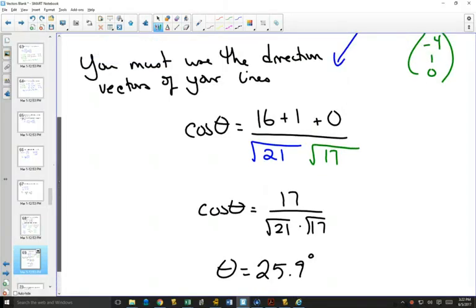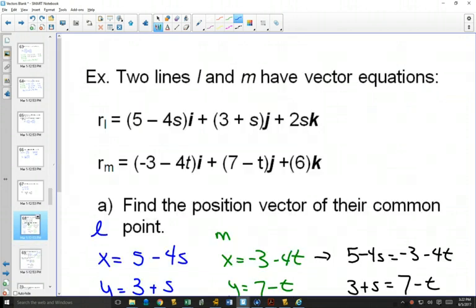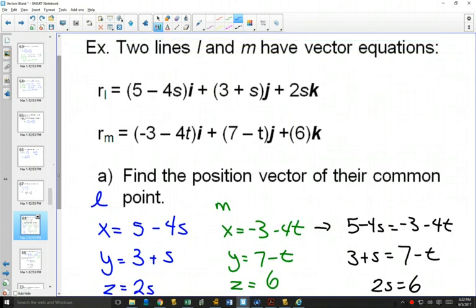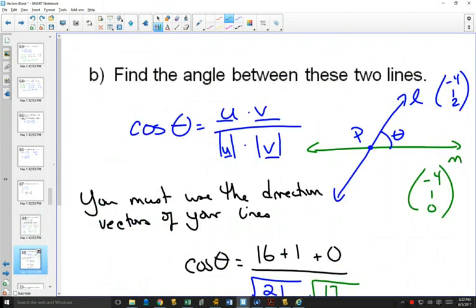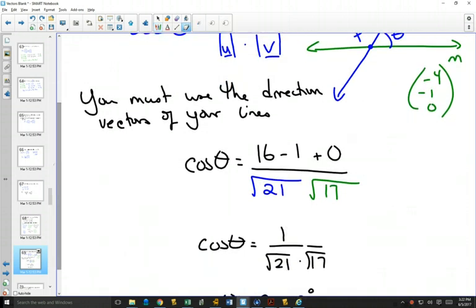Did I make a mistake? It's -1 and I wrote 1? Oh, it is -1 and I wrote 1. You're right. So then this would be -1, which makes this a 15.